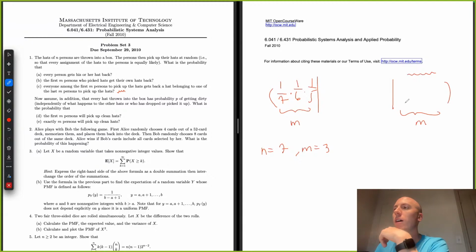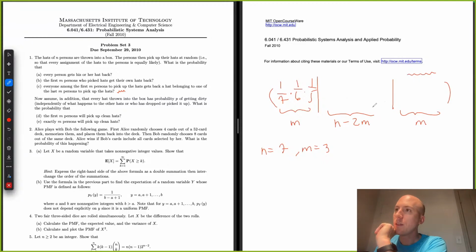And now once these people get here, there's 7 hats, 6 hats, 5 hats, and now there's 2 people. There's n minus 2 times n people in the middle.